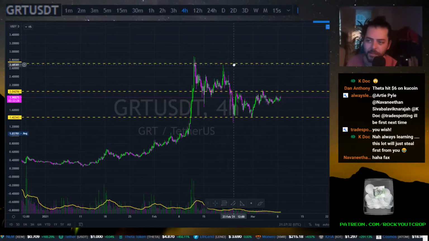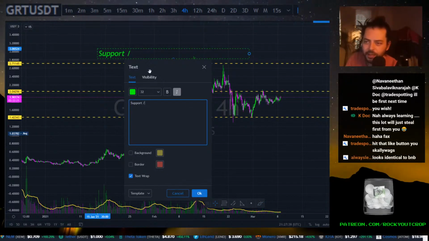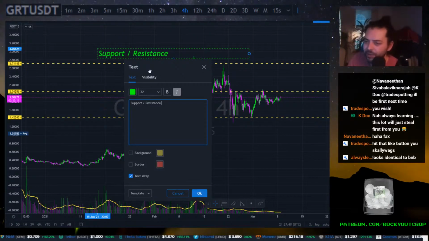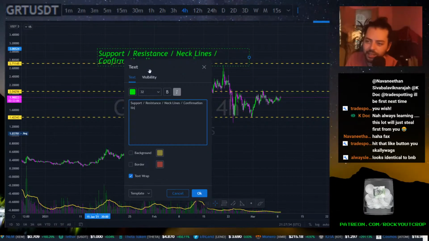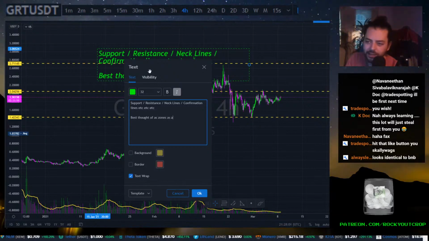Stick that there. Now, just like Peter Grant says, here's a little tip again for people. Support, resistance, necklines, confirmation lines, etc. are best thought of as zones as opposed to lines.